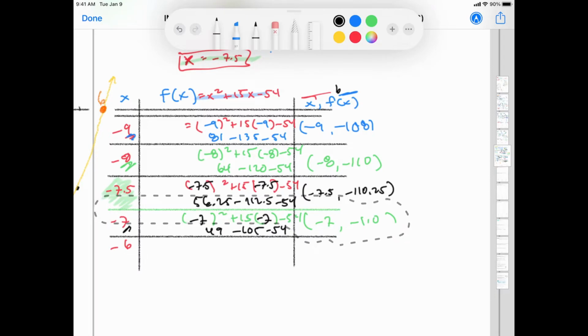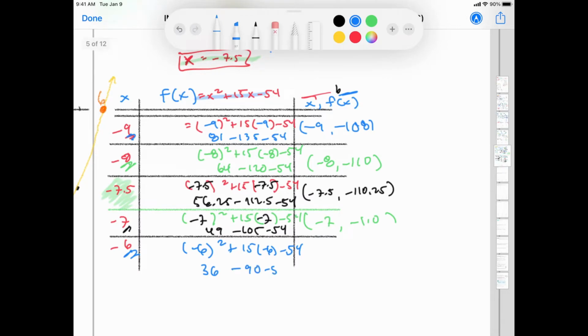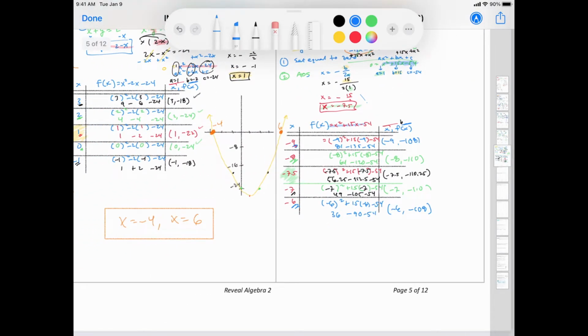Green. Cool. Okay, let's do blue now. And we got negative 6. So 36 plus negative 90 minus 54. 36 minus 90 minus 54. Negative 108. Did you see any y values equal to 0? I did not. This is not going to be fun.